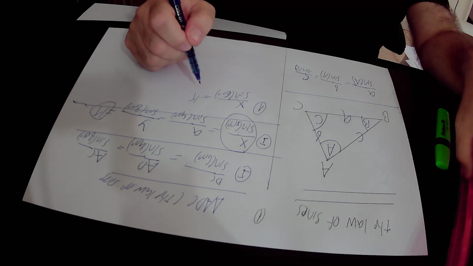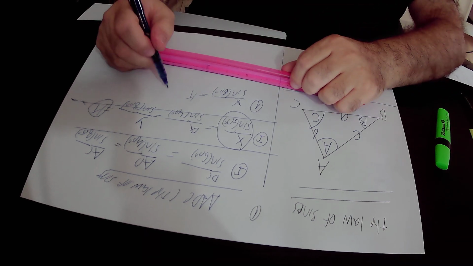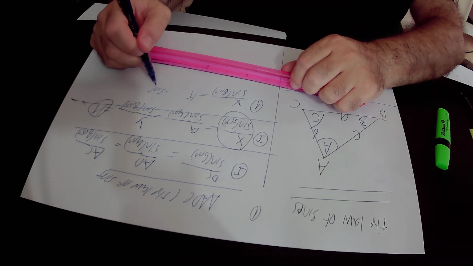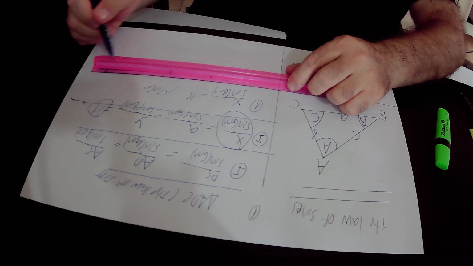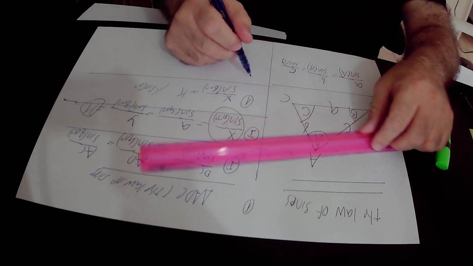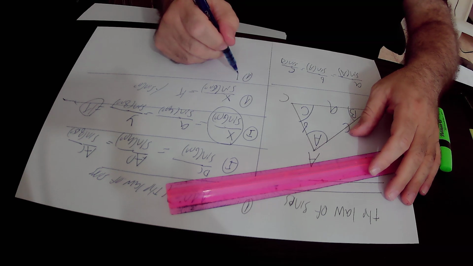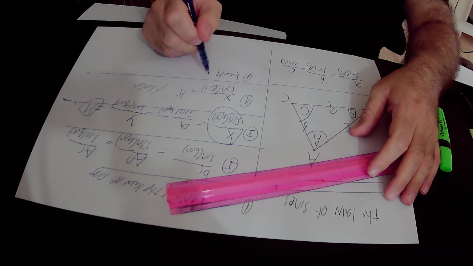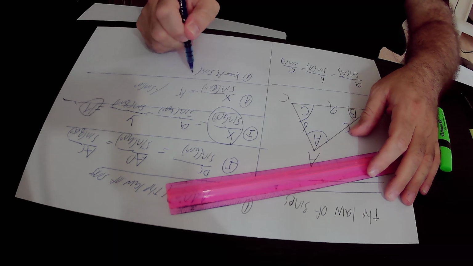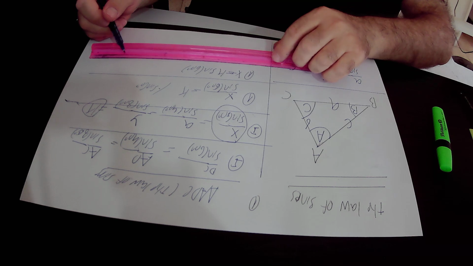Here we multiply this equation by sine 60 degrees, and we get that according to equation number 1, x equals k times sine 60 degrees.